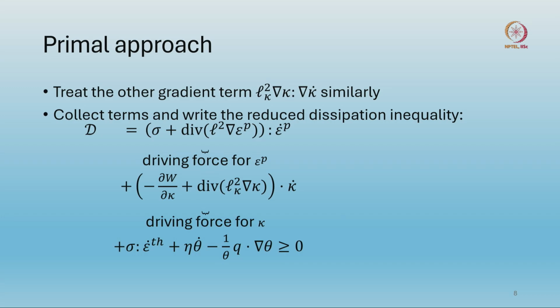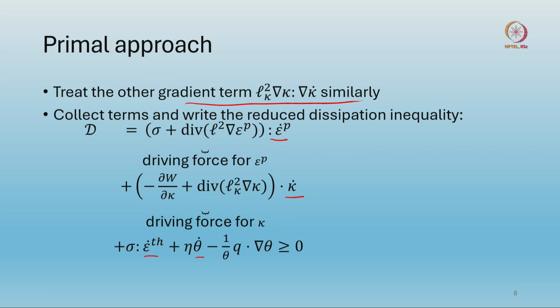And similarly we can treat the other gradient term involving grad kappa dot. Then collect all the terms properly. That means select terms in such a way that these factors come out, and theta dot, so these factors come out.